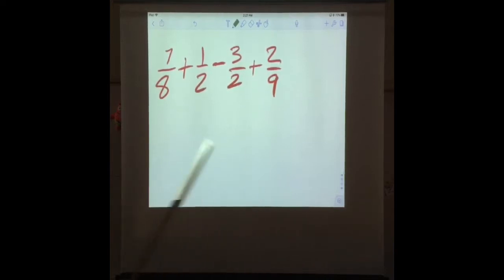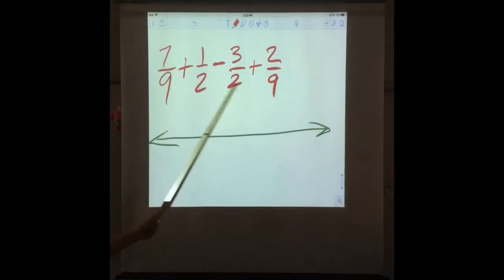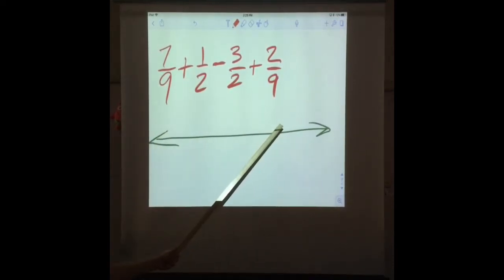Okay, so let's say we have 7/9 plus a half minus 3/2. What do we call this? This is an improper fraction. And then we're going to add 2/9. You want to move things around to help us make it easier. Is there something we want to put together first? 7/9.